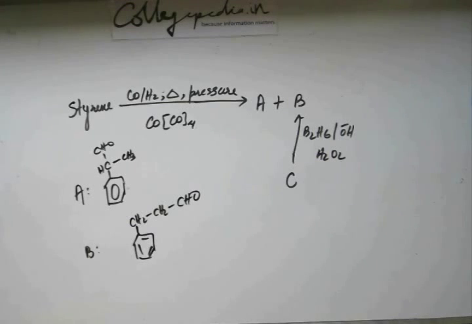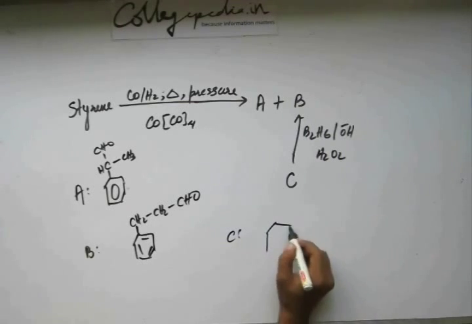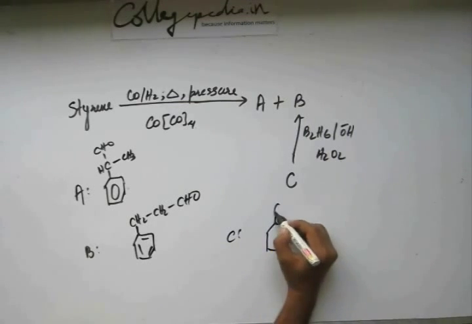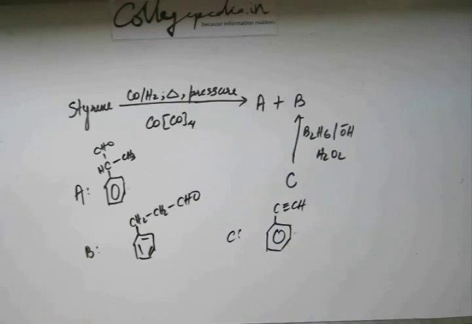This is what I think B should be. And I think C should be this. What do you think? Do you concur? Give some time, get your own answers and cross-check with mine. I suppose I'm right. Right? So this problem is done, no more discussion.